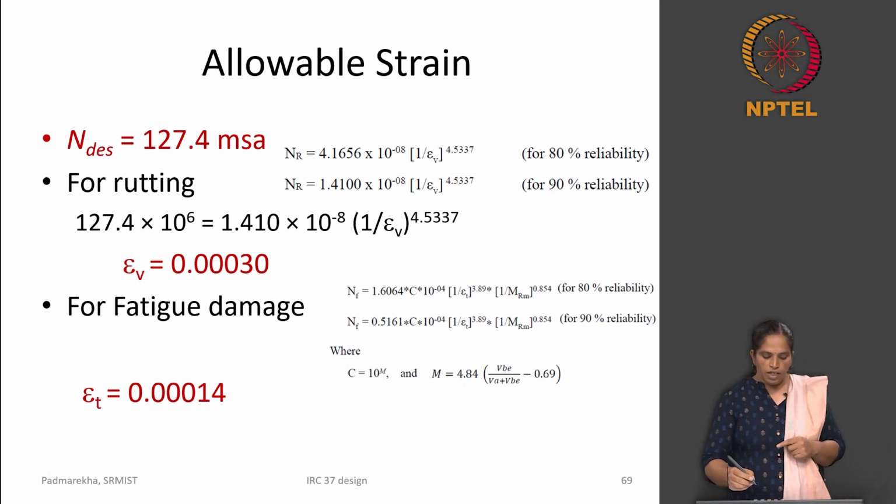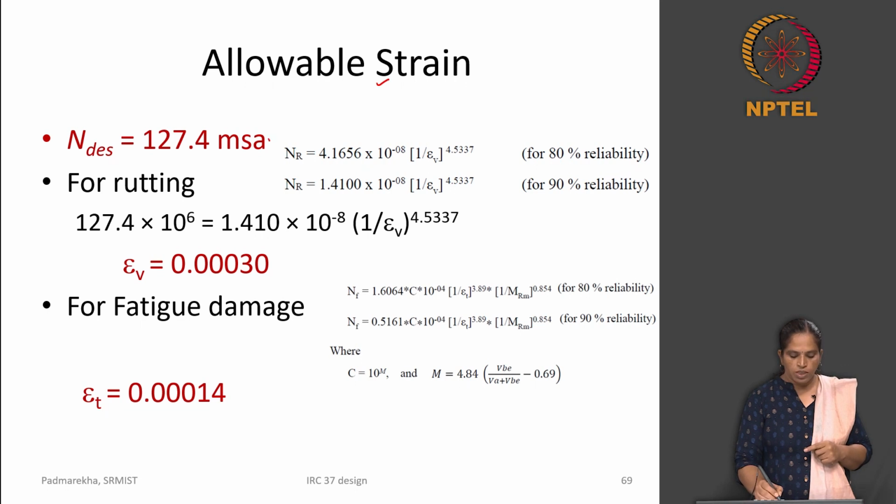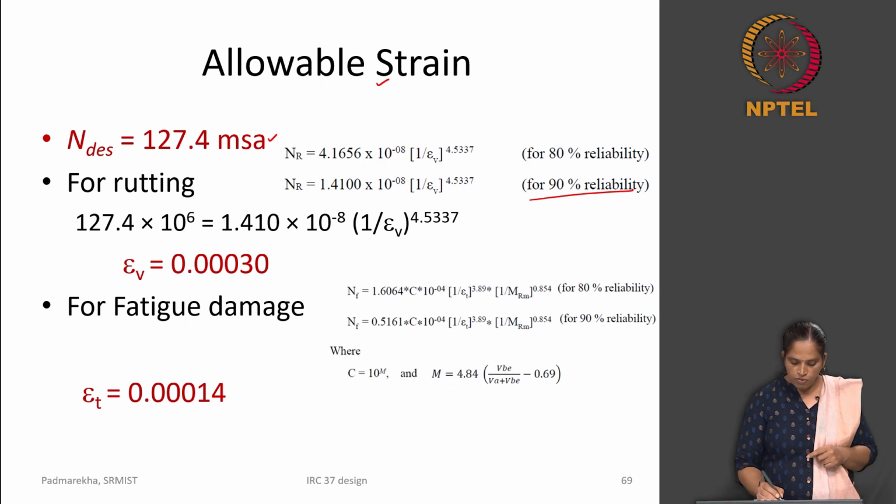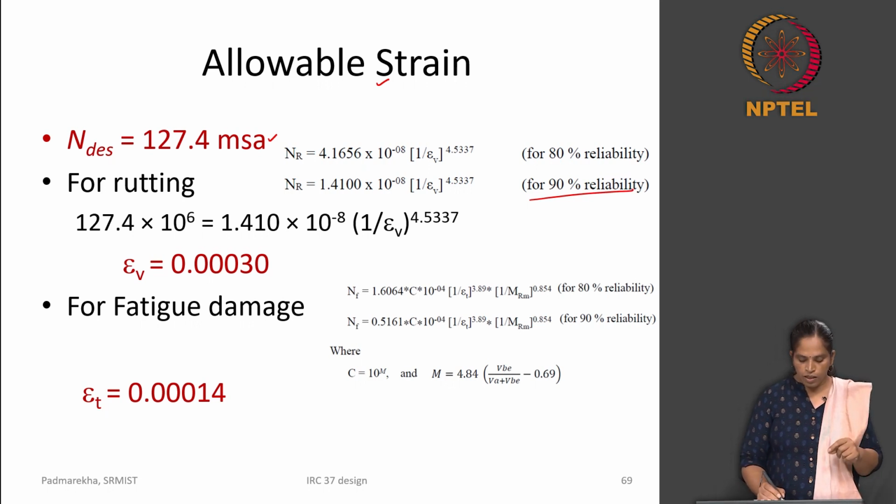So, the allowable strain is computed from the number of repetitions of a standard axle load. So, you have the number of repetitions of a standard axle load computed to be this. When you use the 90% reliability equation, you find that strain value to be 0.00034.